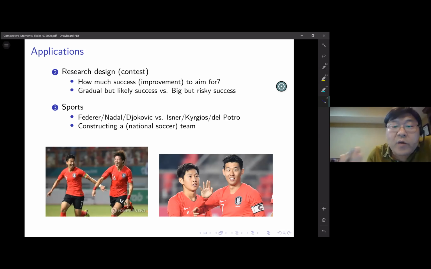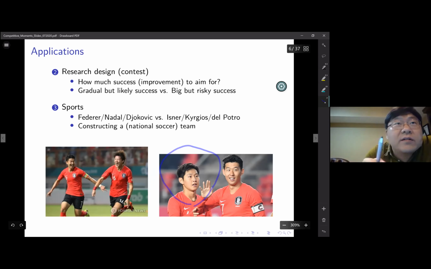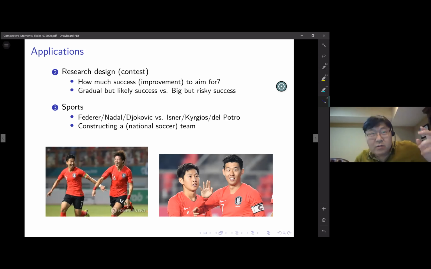But you are going to face a trade-off between a more experienced player and a relatively young and rising player. So thinking about what kind of team you want to construct is like designing a random variable under certain constraint. So our framework also provides a way to think about these sports, right?